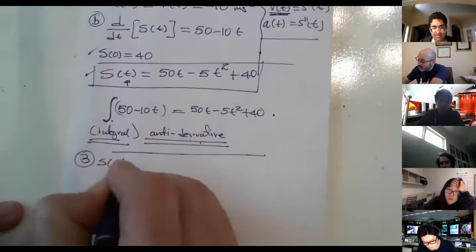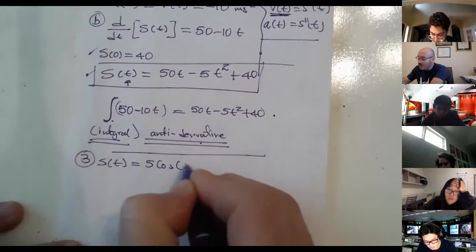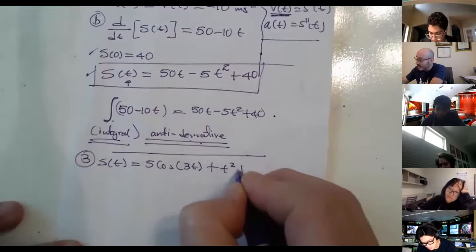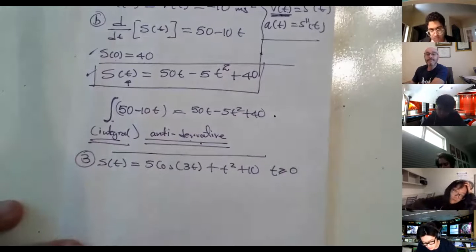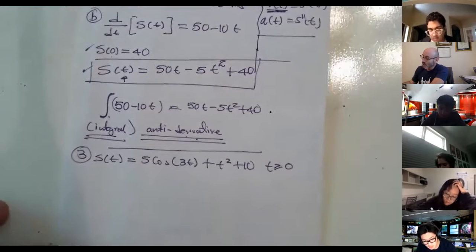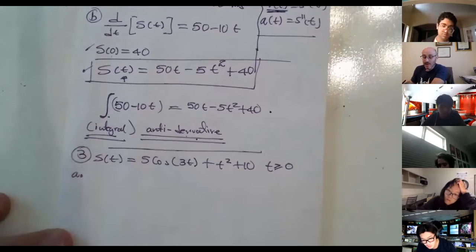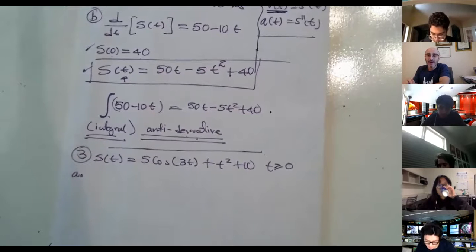So we have S of t equals 5 cosine of 3t plus t squared plus 10, and the time is greater or equal than 0, right? Okay, so part A says write down the minimum value of S. This is what I want you to see. It says write it down. It doesn't say find it, okay?